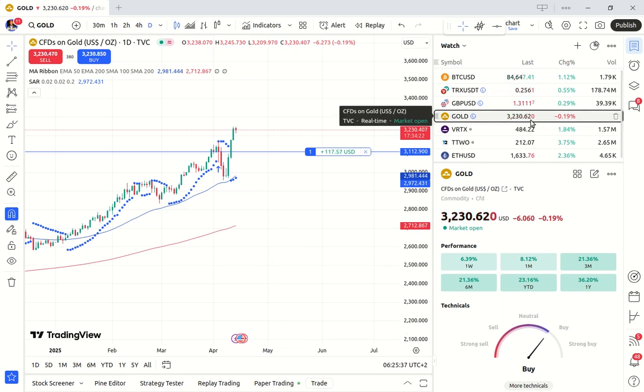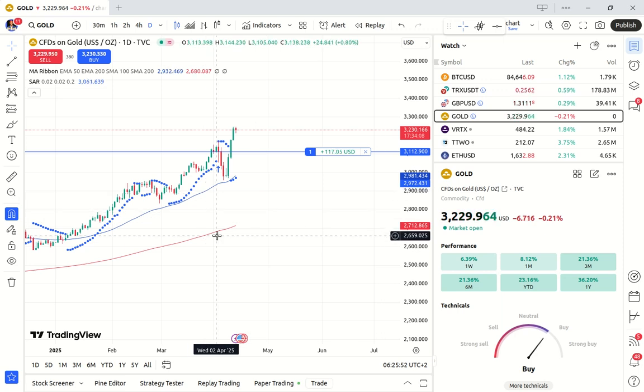Like I told you, the system basically involves, number one, the exponential moving average, which includes the 50-day moving average and 200-day moving average, where the price has to be above both moving averages. Then number two, the parabolic SAR.